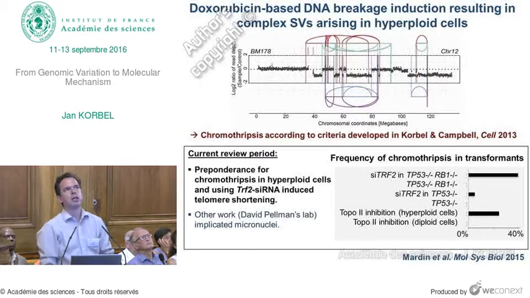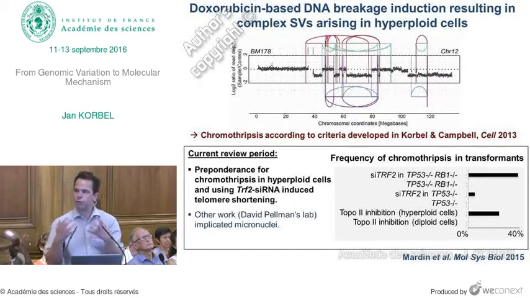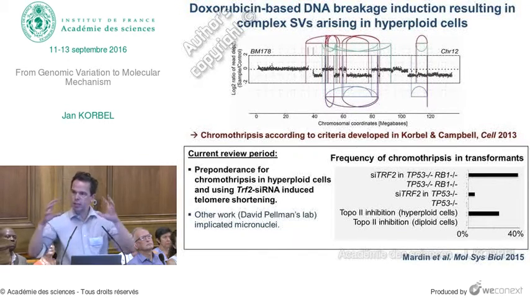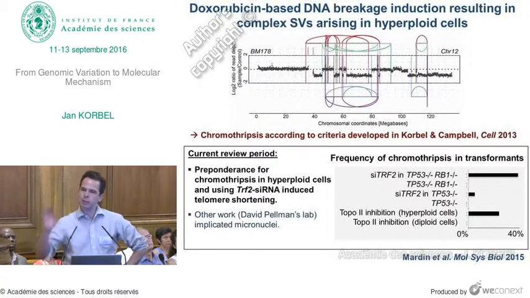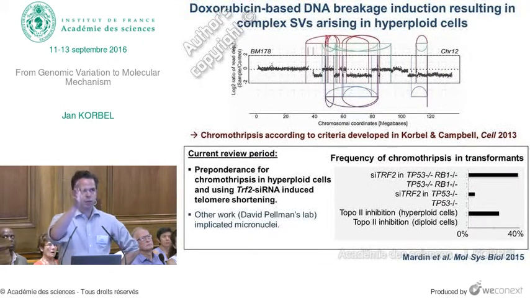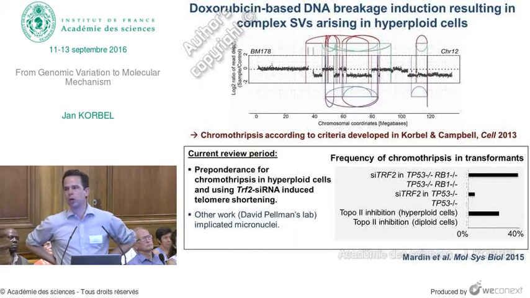We found additionally that Chromothripsis is specifically often occurring in cells that are near-tetraploid, hyperploid, and Chromothripsis also occurs when we genetically perturb cells, specifically when we shorten their telomeres by using an siRNA against TRF2, a component of the telomere-protecting shelterin complex.